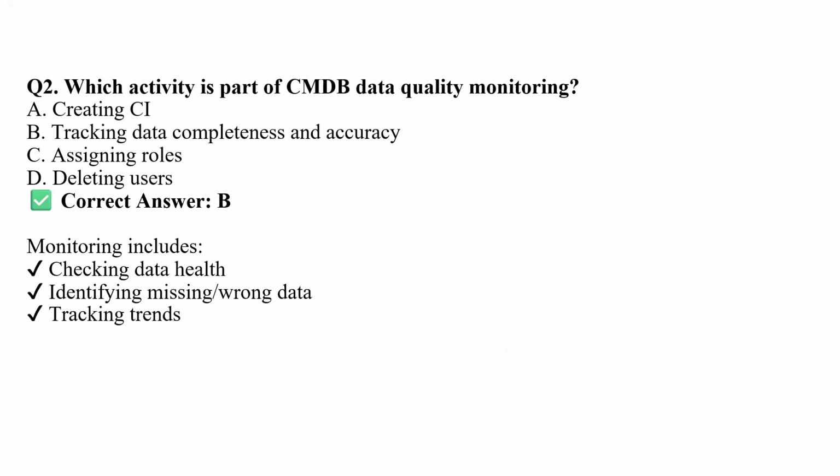Monitoring includes checking data health continuously, like checking patient health, where the data is the patient. So it means identifying missing or wrong data and tracking trends, like the last three months' trends.